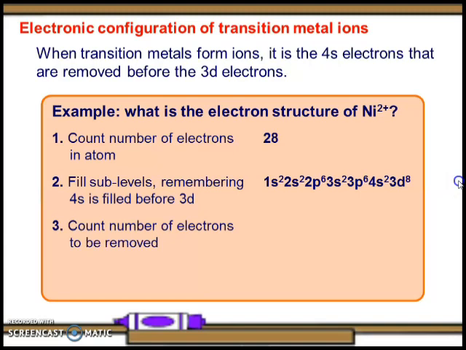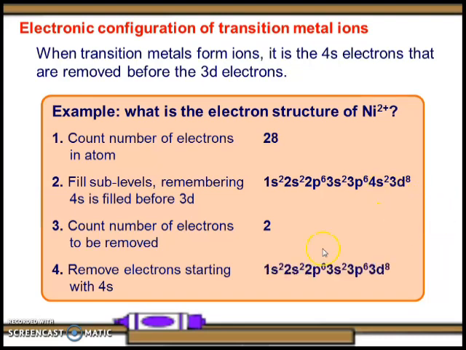Third, count the number of electrons to be removed. So we're going to remove 2 electrons since the sign is positive. And then lastly, remove electrons starting with the 4s. So we have 1s2, 2s2, 2p6, 3s2, 3p6, 3d8 as the electron configuration of Ni2+.